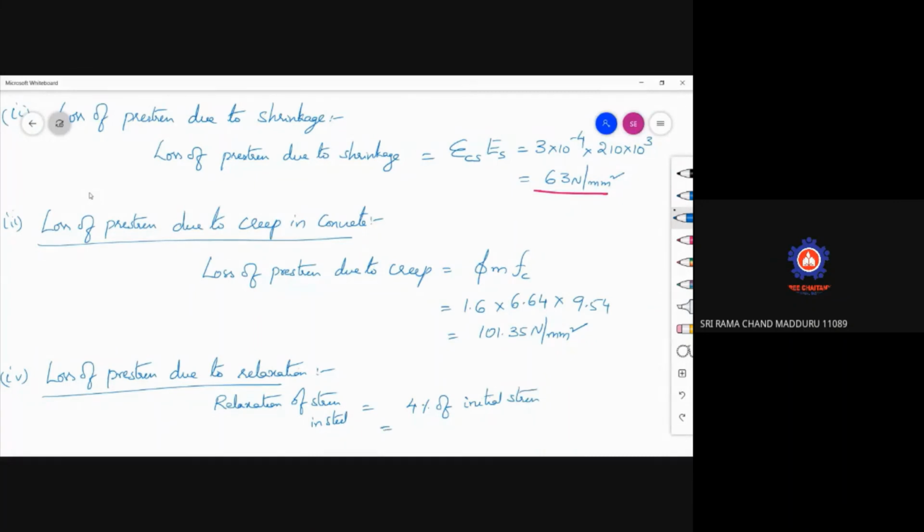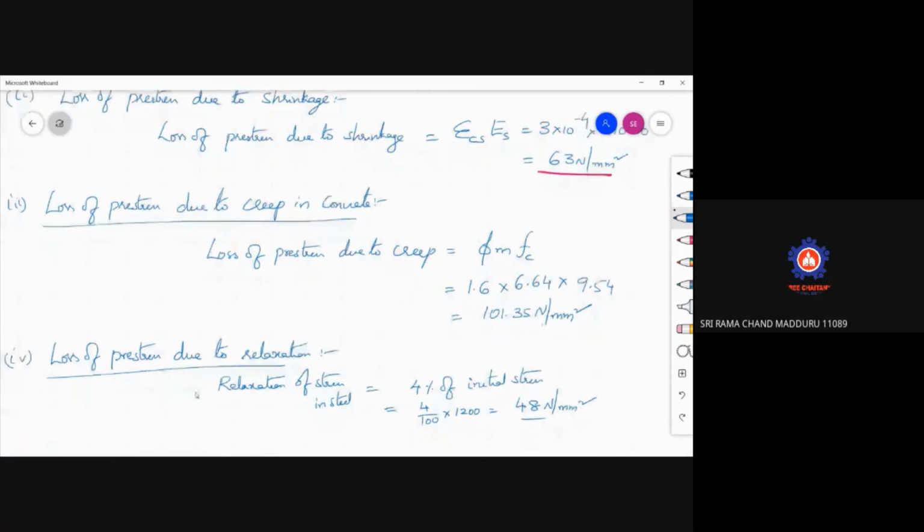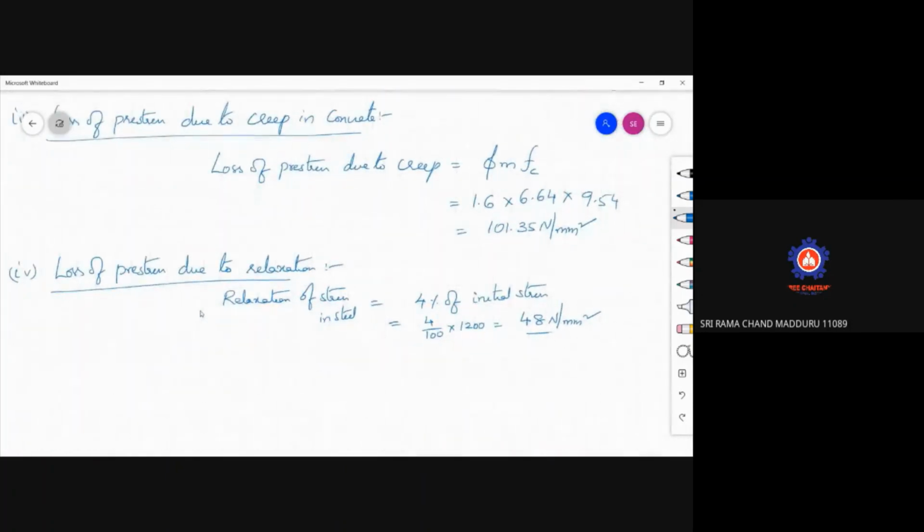The initial stress is given in the question as 1200 Newton per mm square. With this, that will give you the relaxation of stress in steel, which is the loss of pre-stress due to relaxation, that is 48 Newton per mm square.